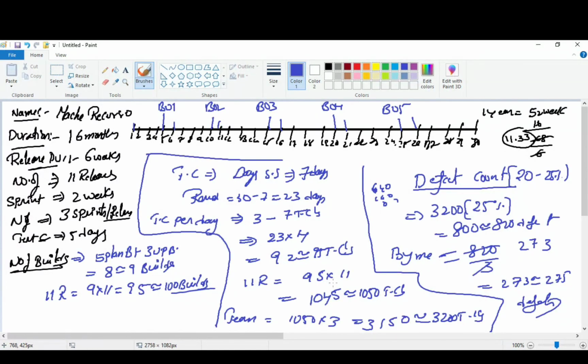Number of days for system study. Komal, system study: 7 days for system study.